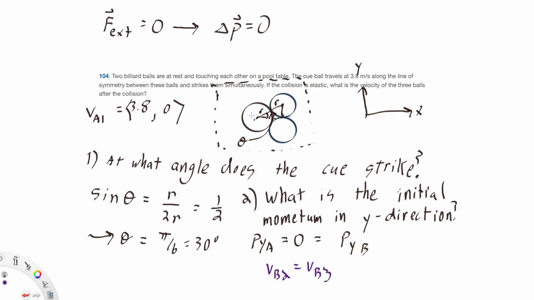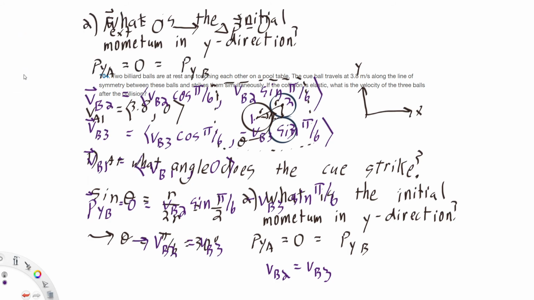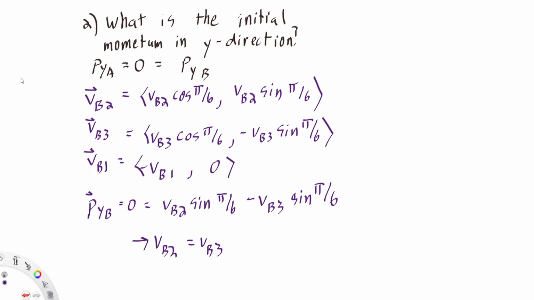Right, just for completeness, this is ball 1, ball 2, ball 3. Okay. Could I go back for a sec? Yep. To this page, McHenry? Okay.